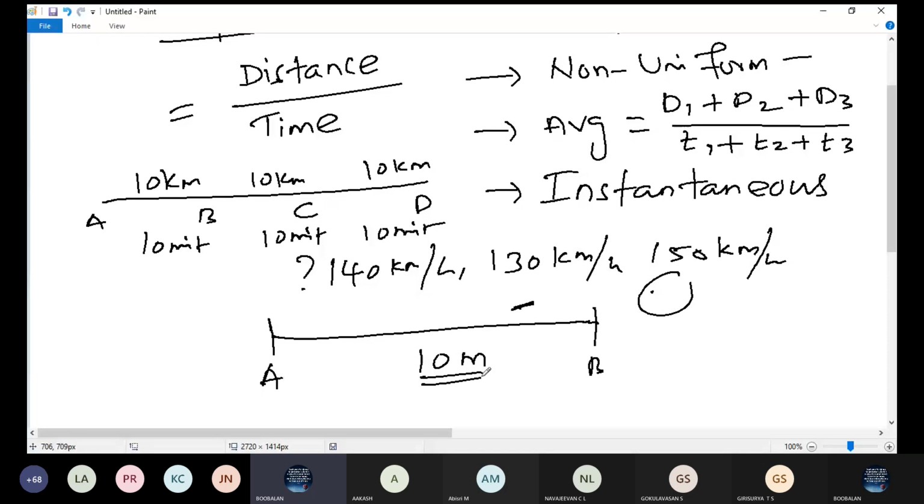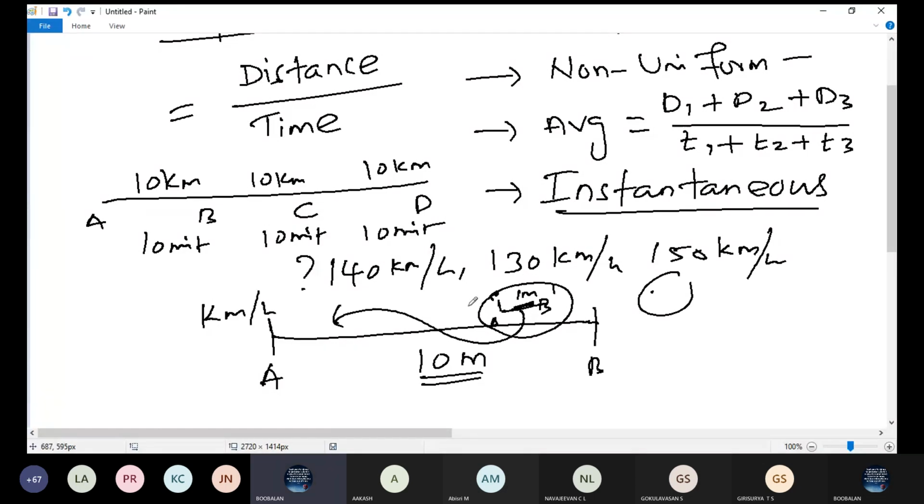We need no need to measure the whole 10 meters. In between, I will take a point. For example, this is B dash, this is A dash, this is 1 meter distance. In this 1 meter, how much time is it taking? Instantaneous, within the fraction of a second we want to measure. In this 1 meter, I will convert into kilometers.